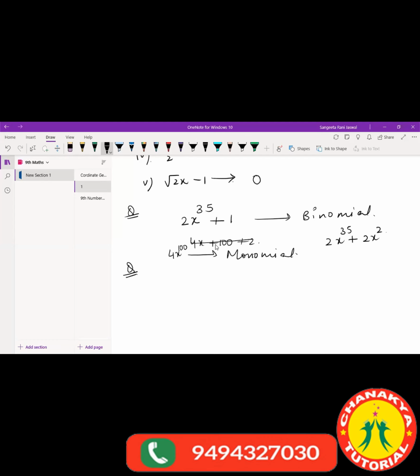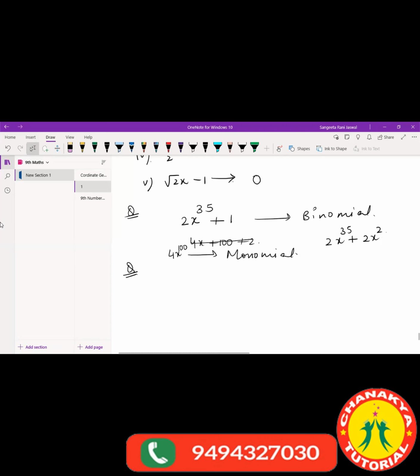Ma'am, in an equation, if they give these degrees and on either side there are equal powers, then we have to simplify them and find, no, ma'am? No, beta, I don't understand your question.